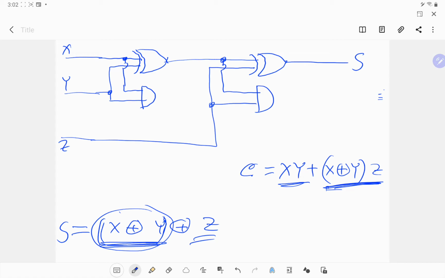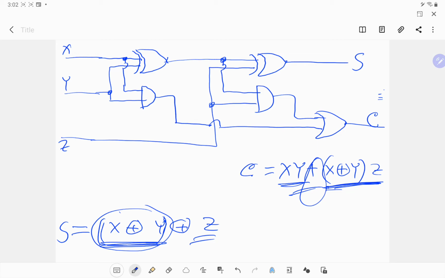Now we need an OR gate for this plus operation. The OR gate has two inputs, the first and the second, and this will give us C.